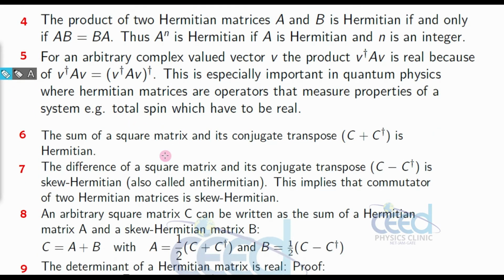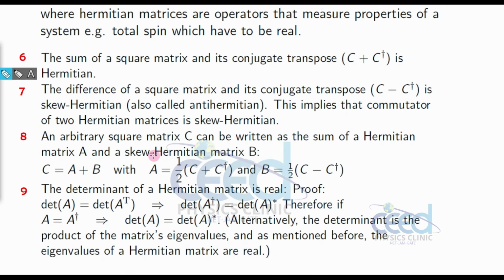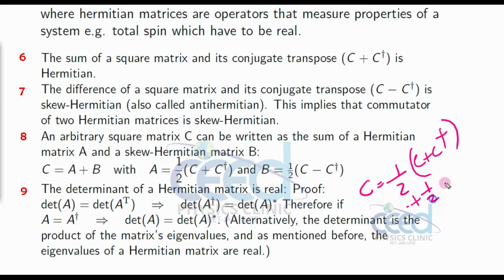Now the next one is, I can represent a matrix C as a sum of Hermitian and anti-Hermitian matrix. Suppose you have a matrix C. If I have to represent it as a sum of Hermitian and skew Hermitian matrix, I can represent it like this: half into (C plus C dagger) plus half into (C minus C dagger).